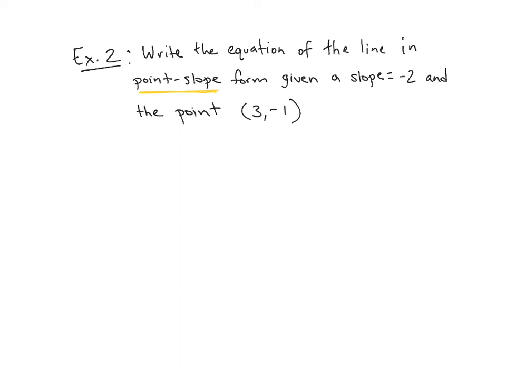Now point slope form is our new format today, and it says y minus y1 equals m times x minus x1. And it's similar to slope intercept form, just different format, right? So it's another one that we need to remember. Now, in terms of plugging things into this formula, x and y, so this part and this part, those are the variables. So I don't need to plug anything in there.